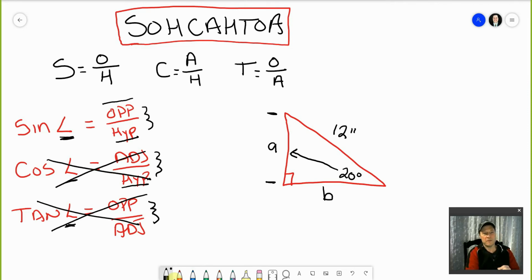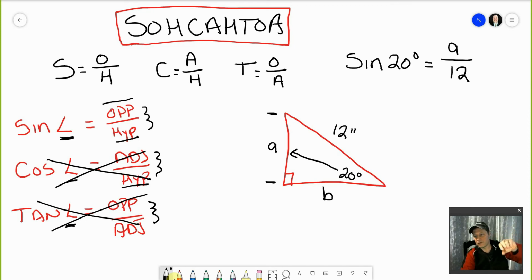So I've determined that the trig function I want to use is sine 20 degrees equals A over 12. The lesson on algebra last week helps us here. Remember we had A equals 5, B equals 3, and so on.